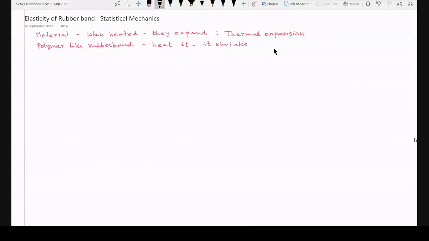For that, I have to consider a model of the rubber band. This is called a 1D model, a simplified model of a polymer.